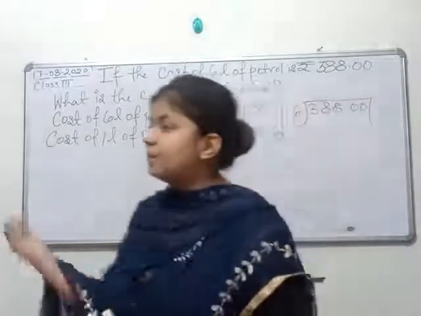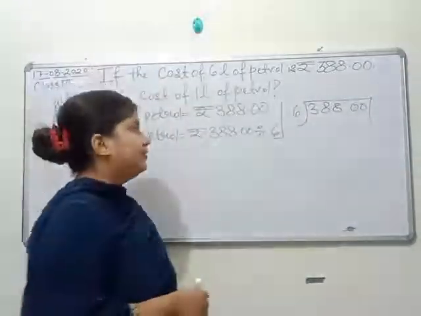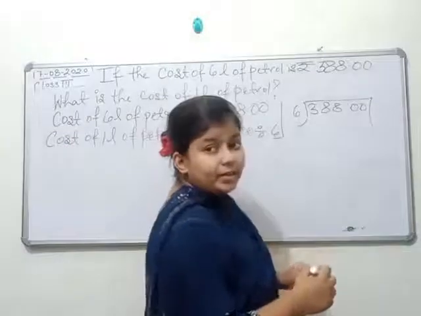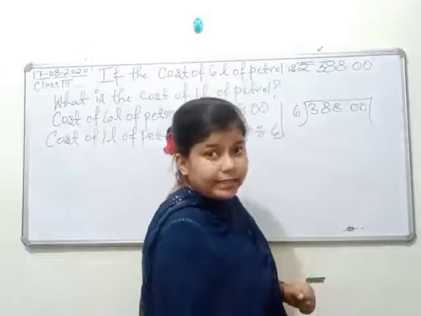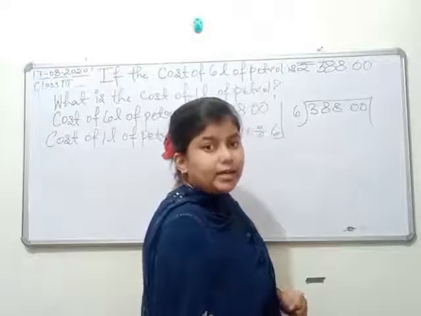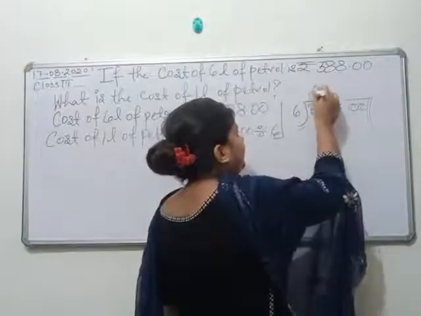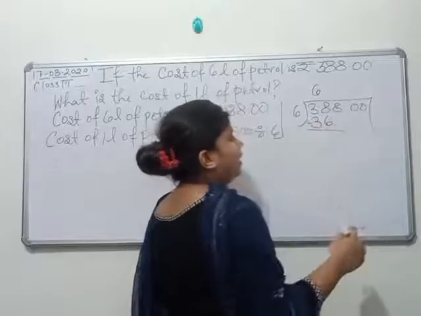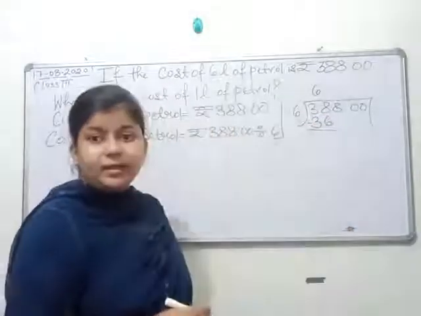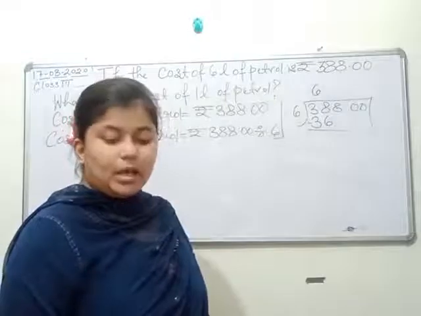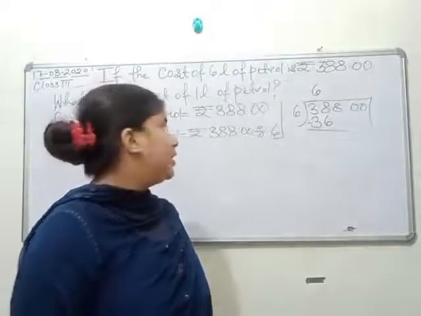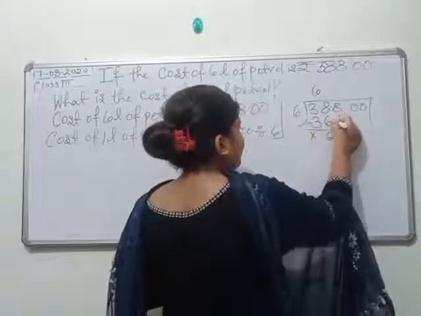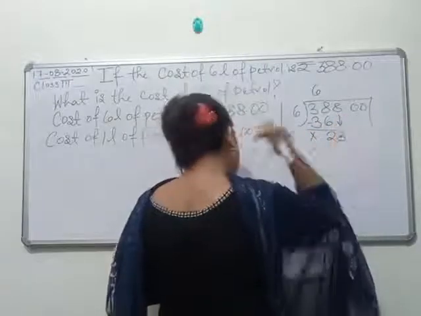Now, 38 we need. Now, how many times we will take it? 6 6 the 36. So, we will take it 6 times. Now 38 minus 36. How much we will get? 8 minus 6 we will get 2, and 3 minus 3 will get nothing. Carry down 8.